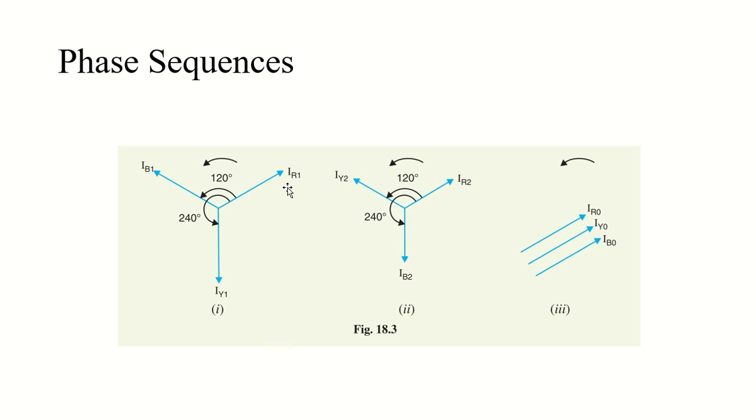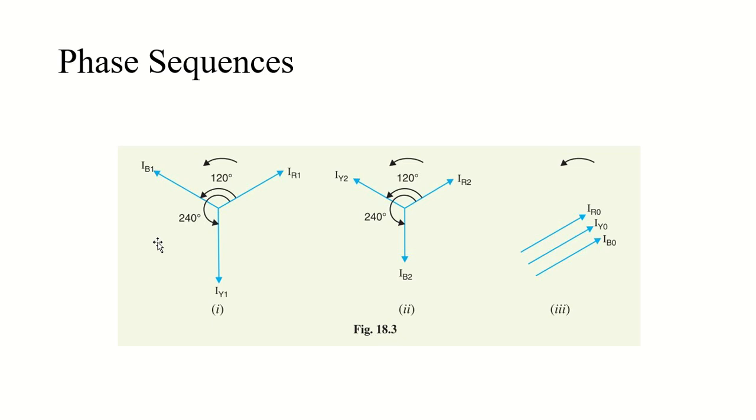R will come first, Y will come second, and B will come third. This way it completes RYB in the clockwise rotation manner. Now there is something interesting we are also going to discuss: any balanced system corresponding to normal condition will contain a positive phase sequence only.